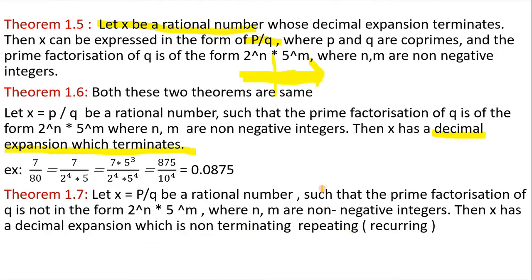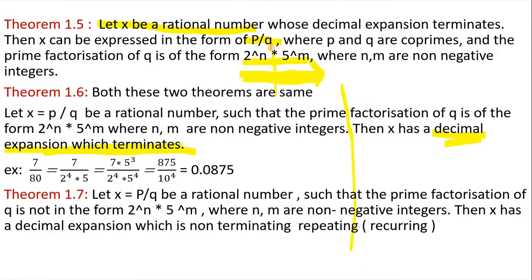So by comparing these two theorems, what they are saying is, x is a rational number so that we can represent it in the form of p by q. If you find the prime factorization for q, if the prime factorization for q is in the form of 2 power n into 5 power m, then the rational number has a decimal expansion which terminates.